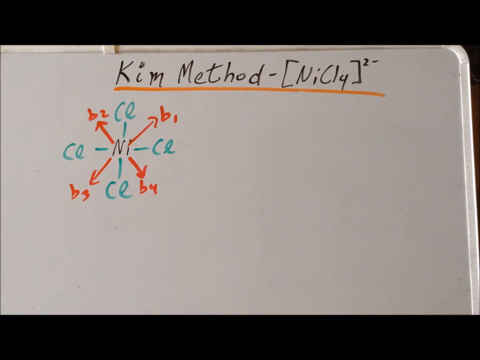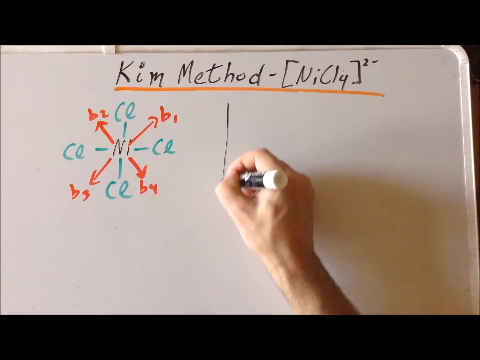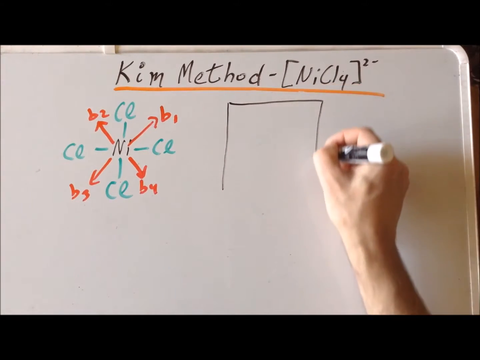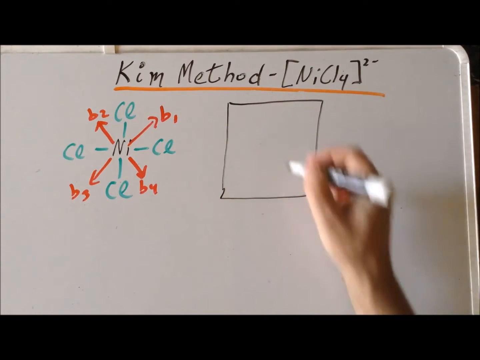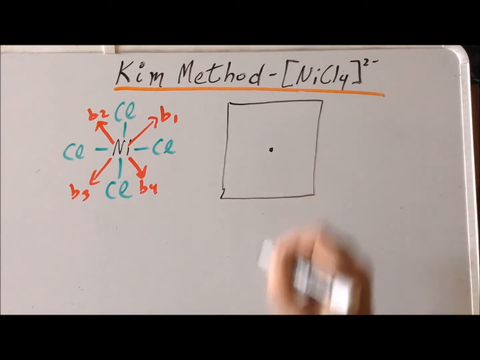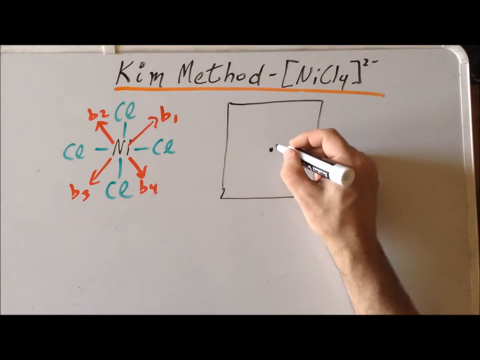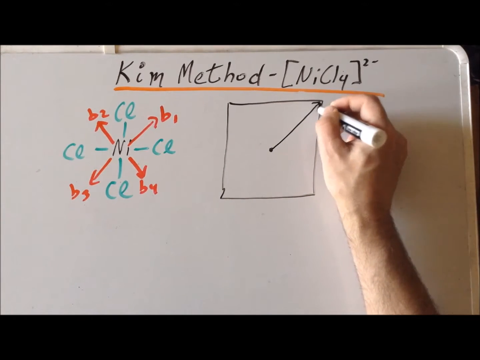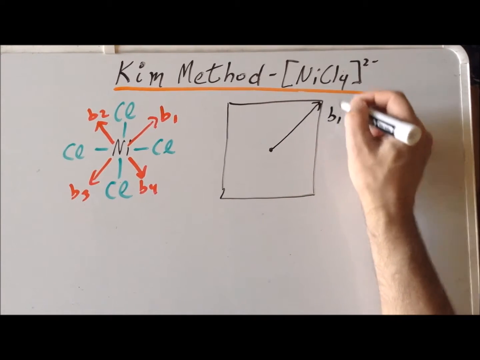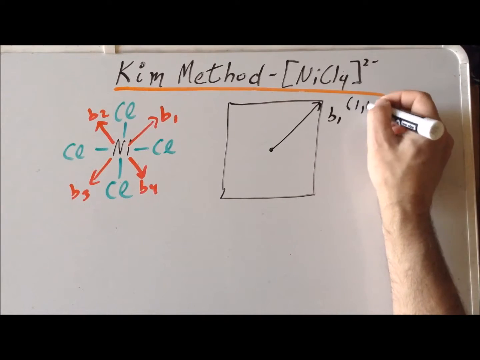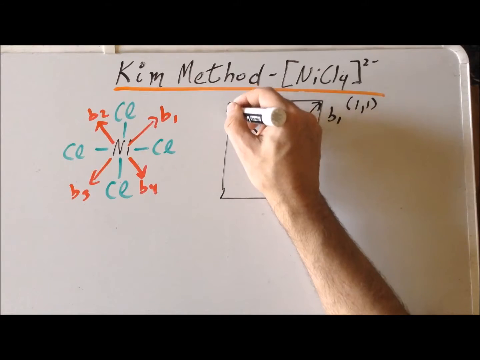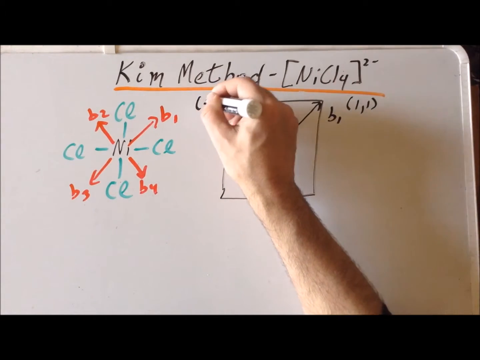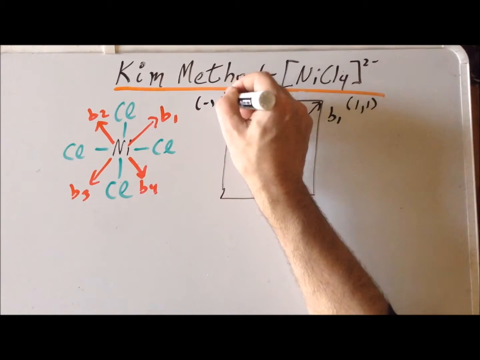And similarly to what we had done for the stretching vibrations, we can also plot these particular vectors as points on a unit square, starting at the origin, where B1 is this vector going to the point 1, 1. For the bending motion B2, we're going to the point -1, 1.